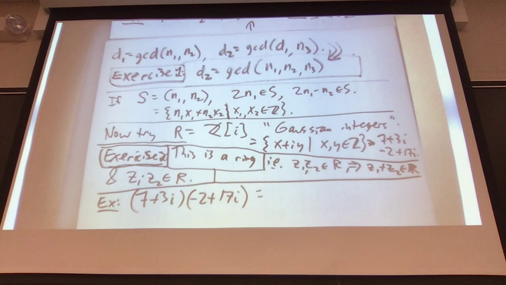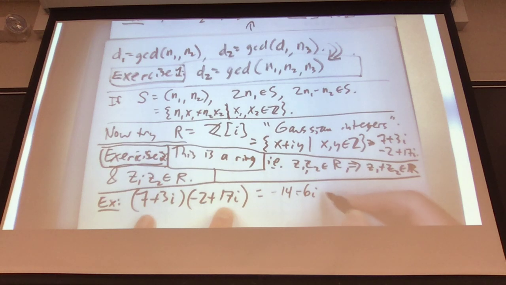Give me a hand when you've expressed this as an integer plus i times an integer. Okay, I'll do it: 7 times negative 2 is negative 14, minus 6i. 7 times 17 is 70 plus 49, 119, plus 119i. That sounds right.